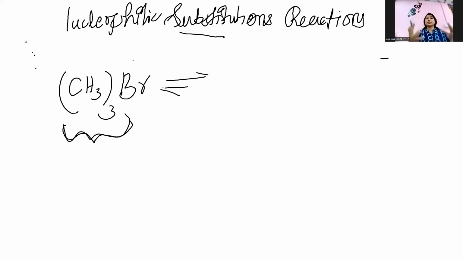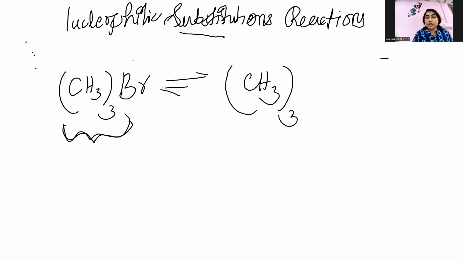Because in the first step, this (CH3)3CBr forms a carbocation and Br minus, which means it breaks down. That means in the first step of SN1 reactions, the leaving halogen group leaves first. Okay, that's the first step.